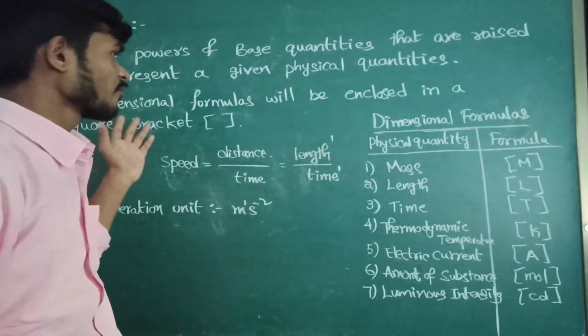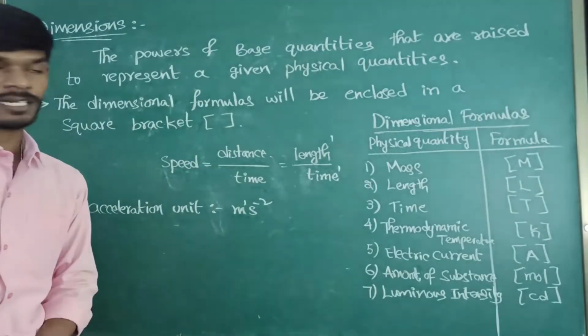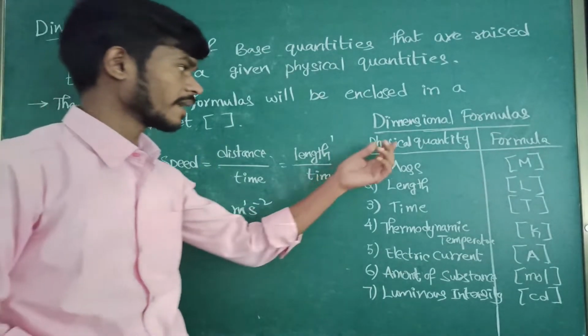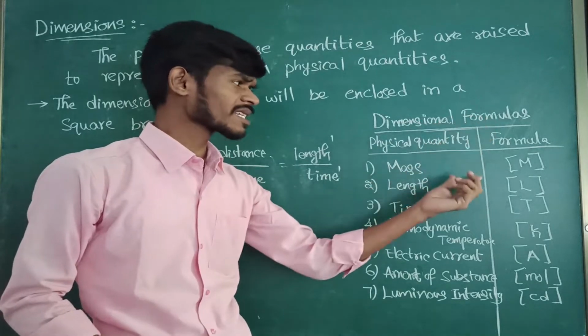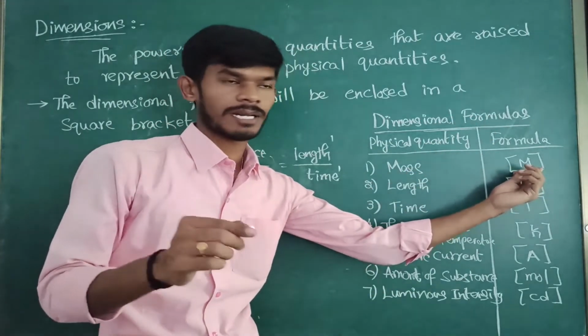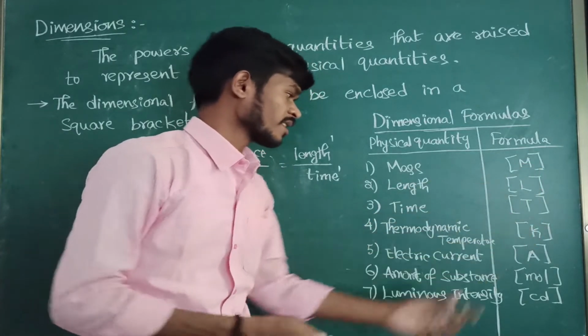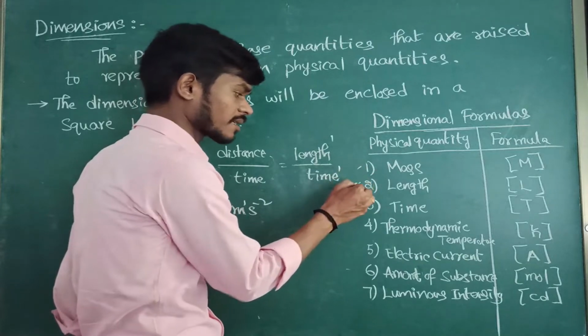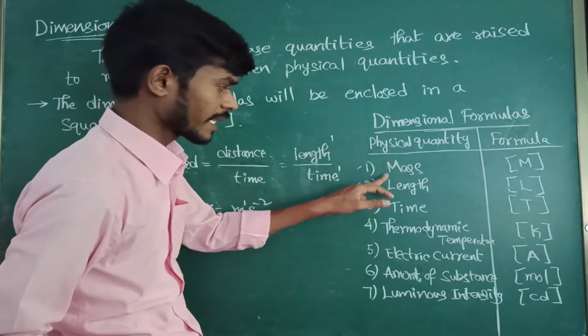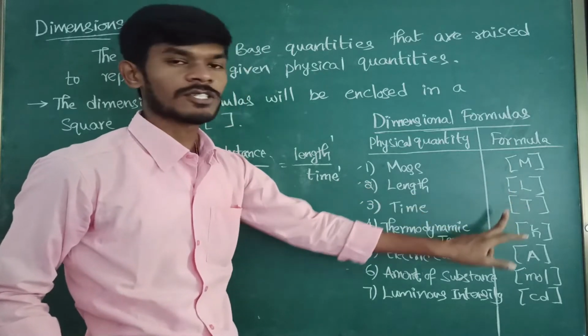And the dimensional formulas will be enclosed in square brackets. Here are the dimensional formulas of the base quantities. Mass in square brackets, capital M; length, L; time, T. If you observe here, for mass, length and time, the first letters are enclosed in the square brackets.